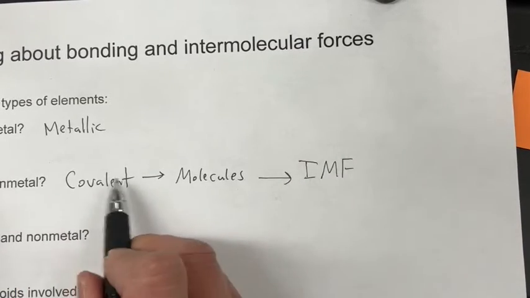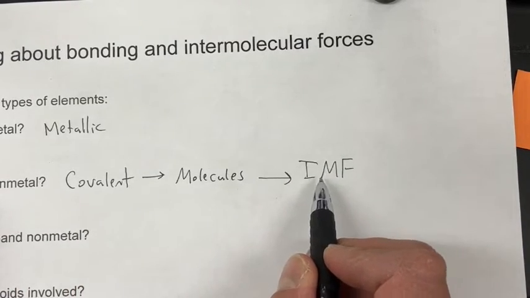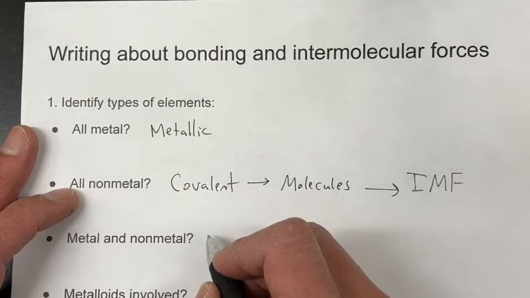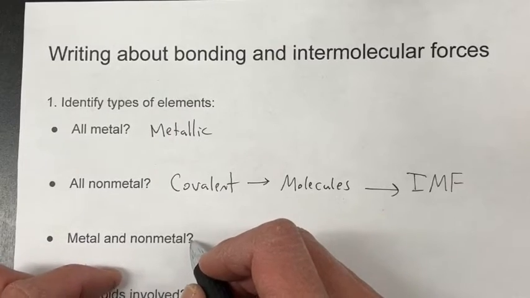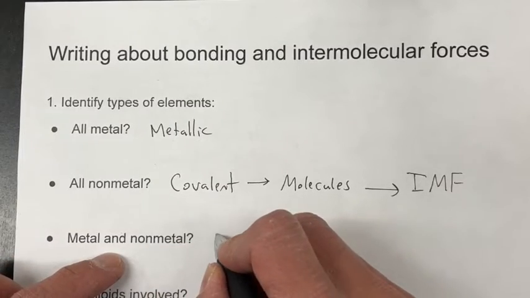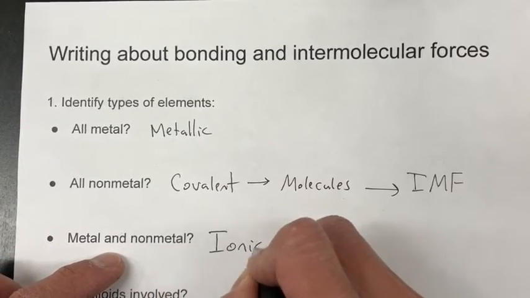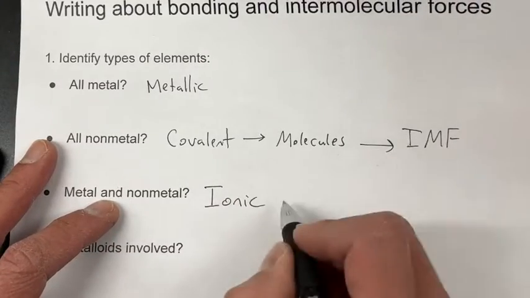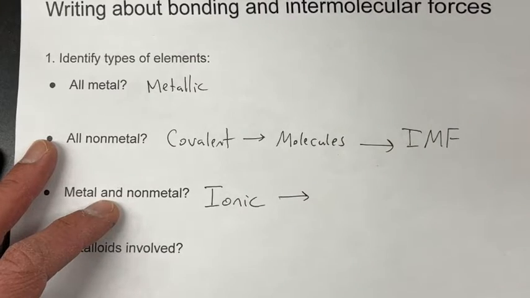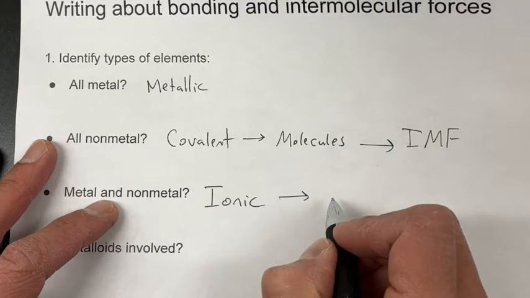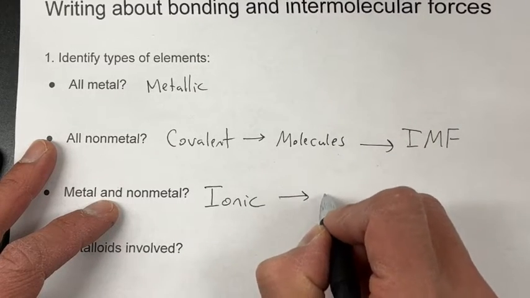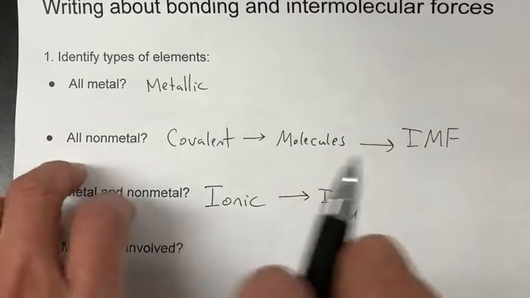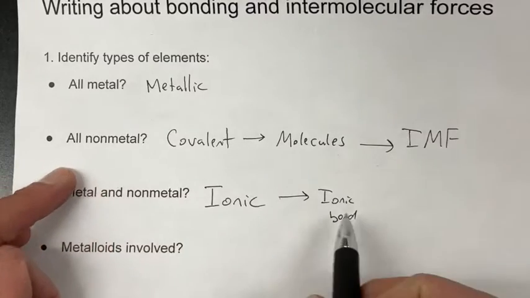So if I have covalent, I'll be writing about intermolecular forces. If I have a combination of metal and non-metal, that's ionic, and with ionic I don't have intermolecular forces. I have an ionic bond, and then we'll have to deal with the ions and how those pull apart.